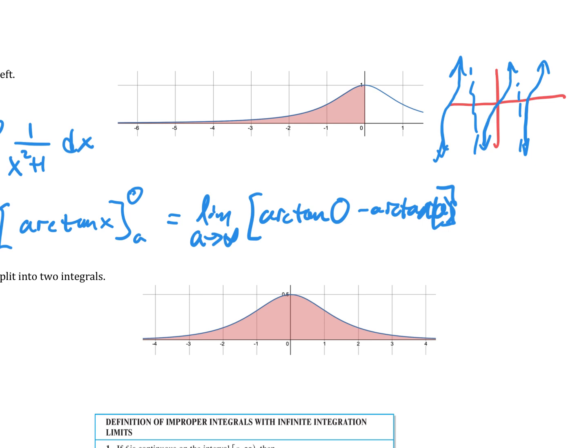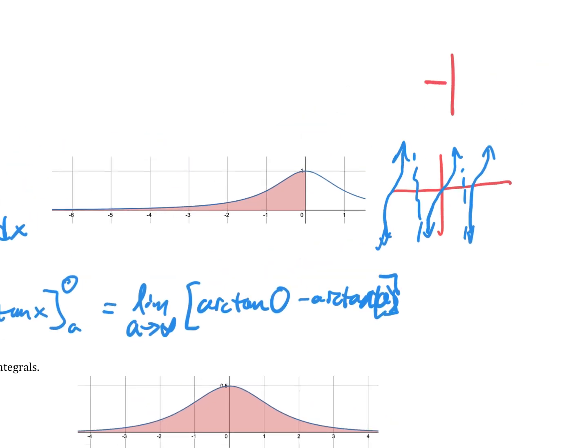If we think unit circle, if we want tangent of our angle to be 0, that means sine over cosine is 0. So where on the unit circle is sine over cosine 0? Well, that happens when sine is 0, and sine is 0 at 0, and other multiples of that.